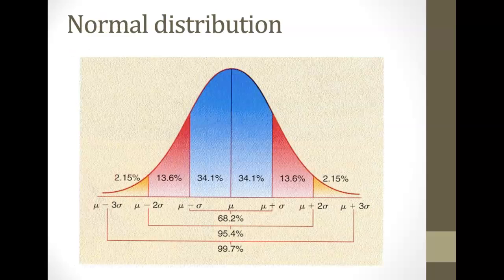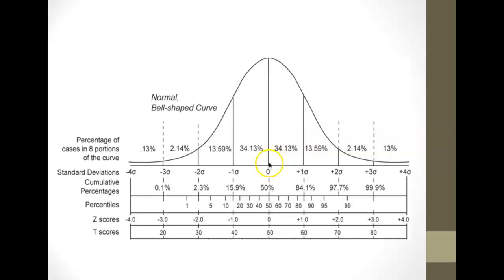The bell curve, the normal distribution, I'm sure you have seen this at some point. Here you have the mean value, 1 standard deviation above the mean, 2, 3, and 4 standard deviations above, and then 1 standard deviation below, 2, 3, and 4.